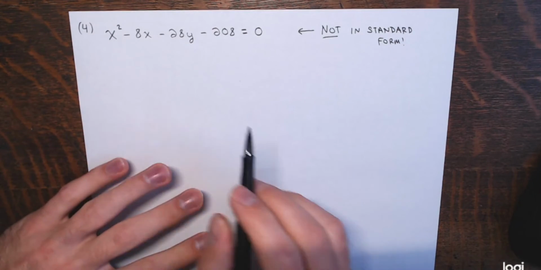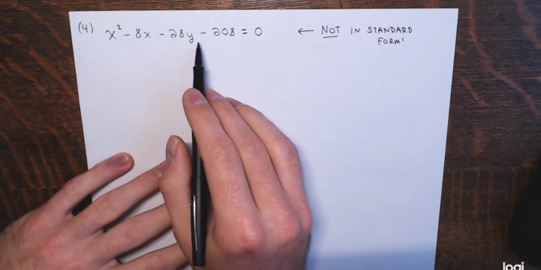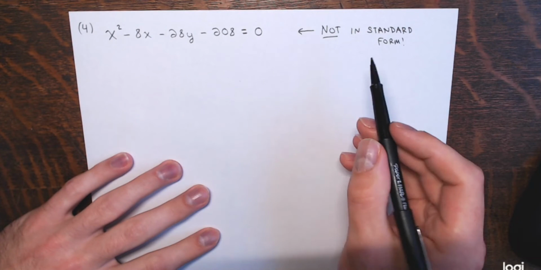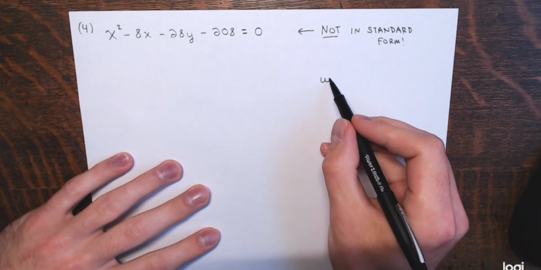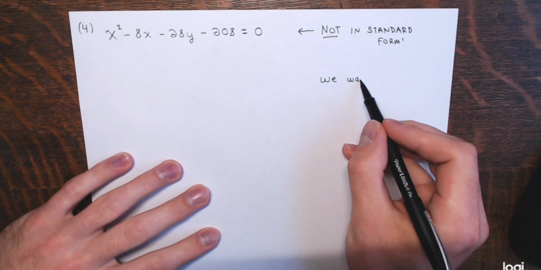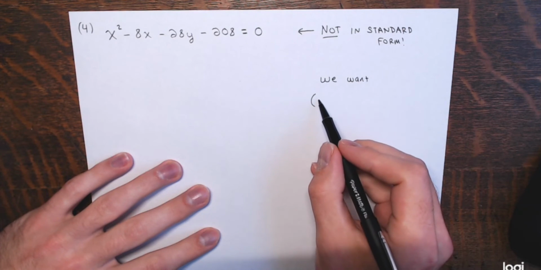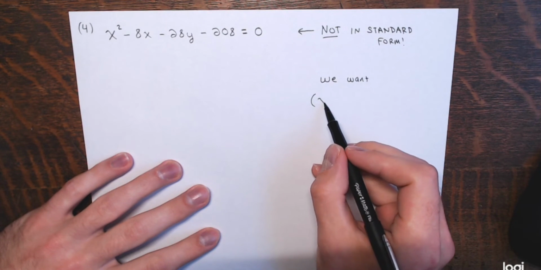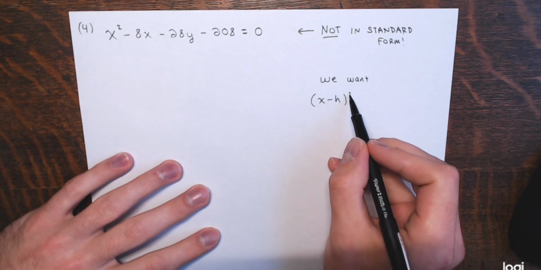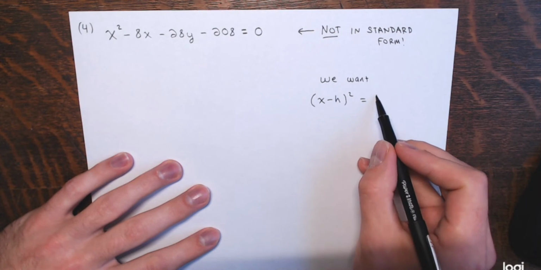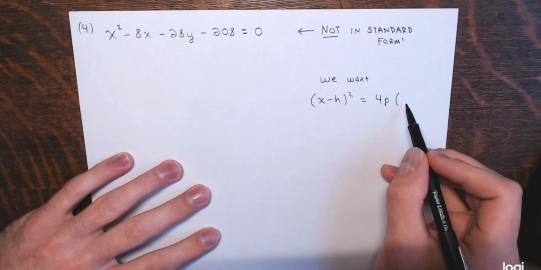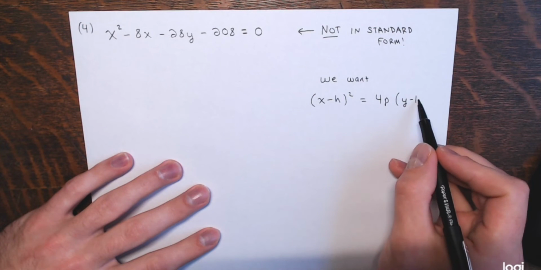Now, because x is squared and y is not, I don't see any y squareds anywhere. The standard form we want would be this. We want the one I had in example 3. The quantity x minus h squared equal to some number 4p times some quantity y minus k. Right, we want this.